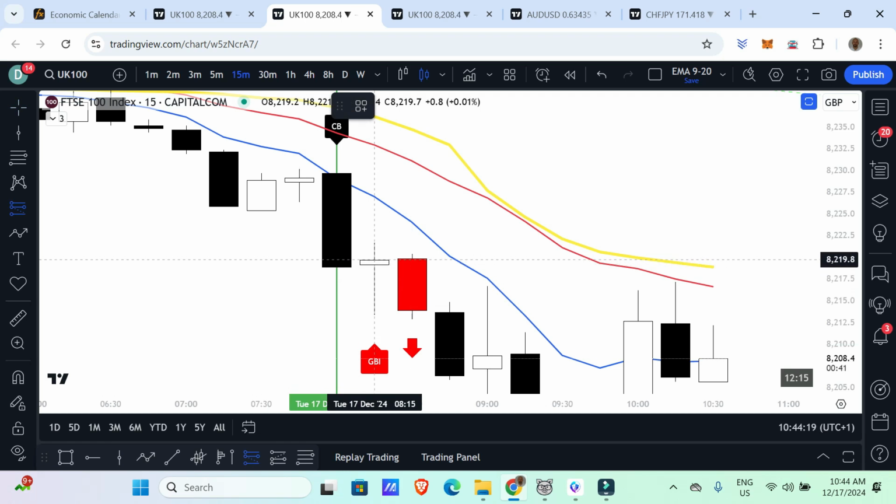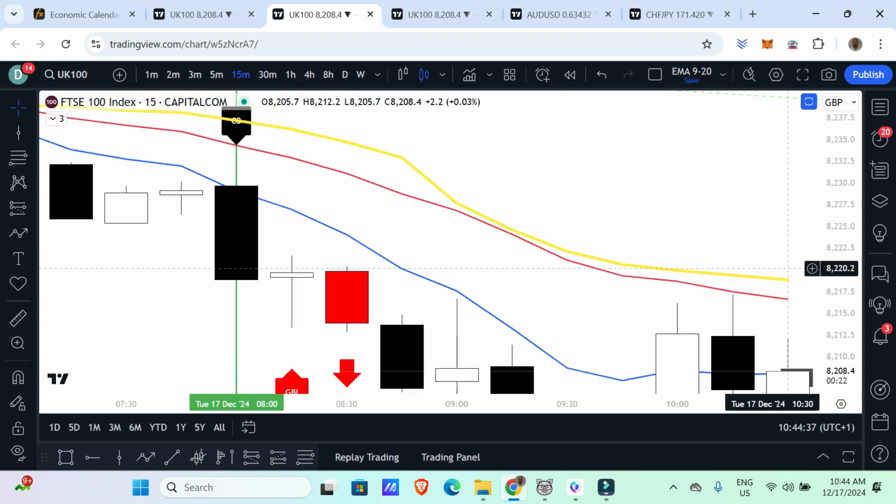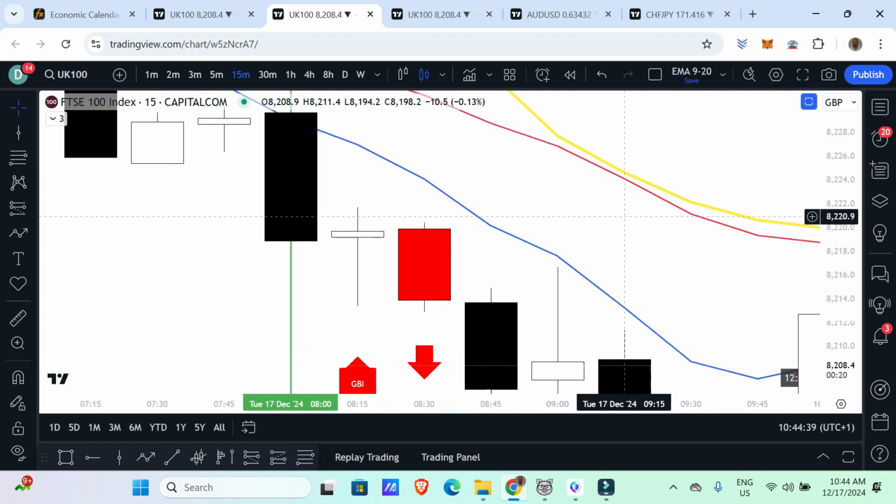This is the body. The white represents the body, and on the top is the wick, and on the bottom as well is the wick. So if this candle, in this case the red one, is going below the body, I want to be in this trade, period. I will show you even better now, look.